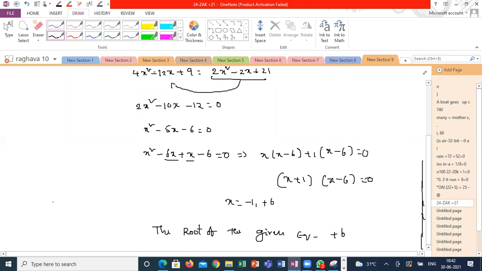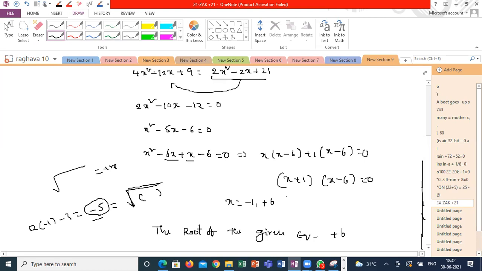If I substitute minus 1, what will I get? 2 into minus 1 minus 3, so the answer is minus 5. Minus 5 is the root of something. The root of any value is never negative; the root of some value is always positive. That's the reason I can say minus 1 is a rejected answer. Only plus 6 is the possible answer for the given question.